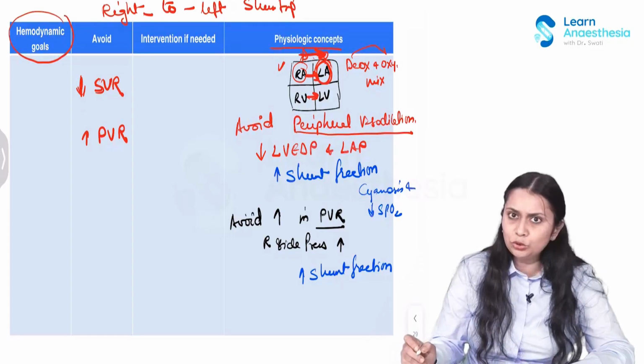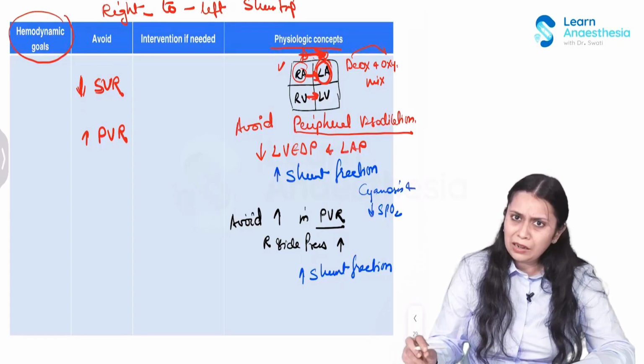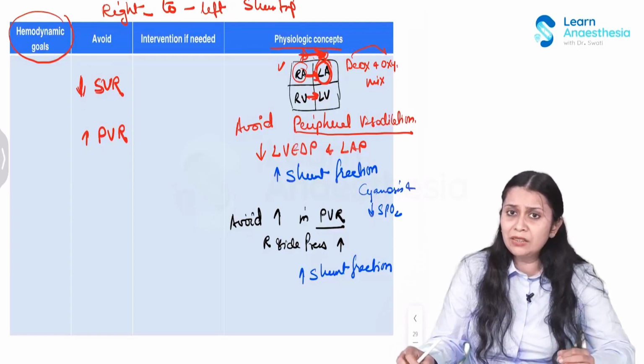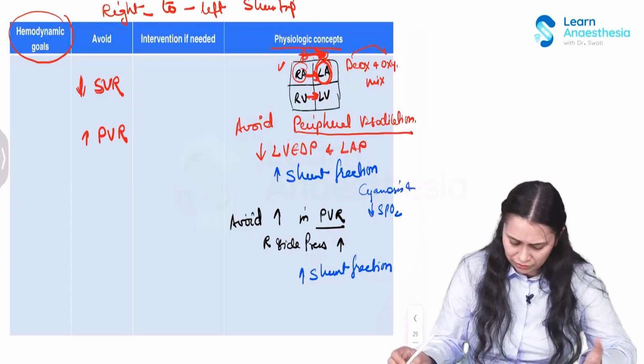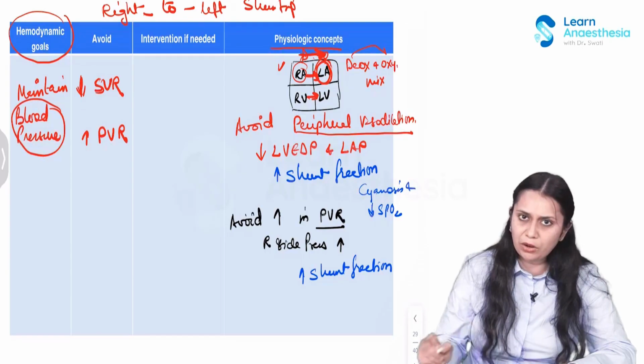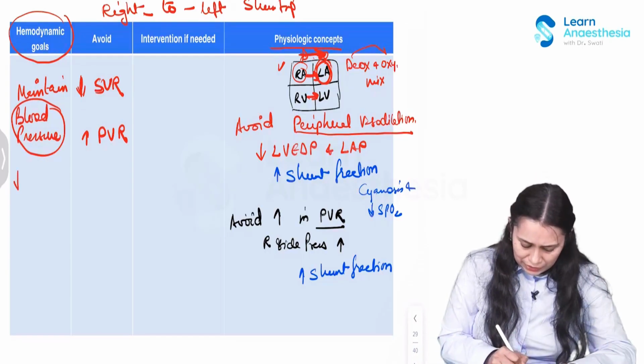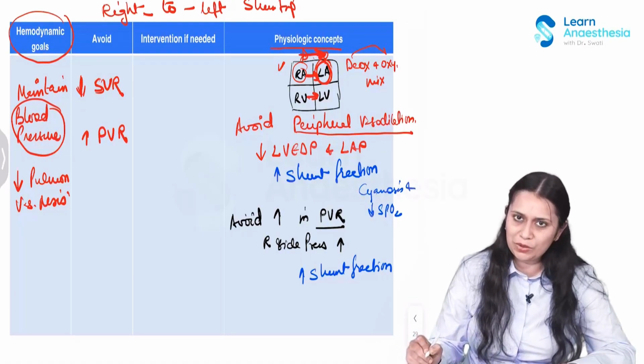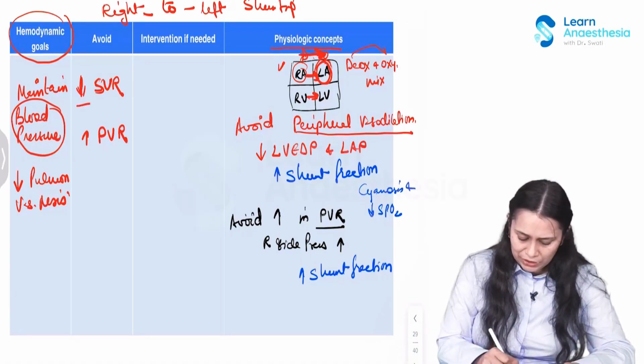The hemodynamic goal is to maintain the blood pressure, maintain the SVR of the patient, and decrease the pulmonary vascular resistance if it is possible.